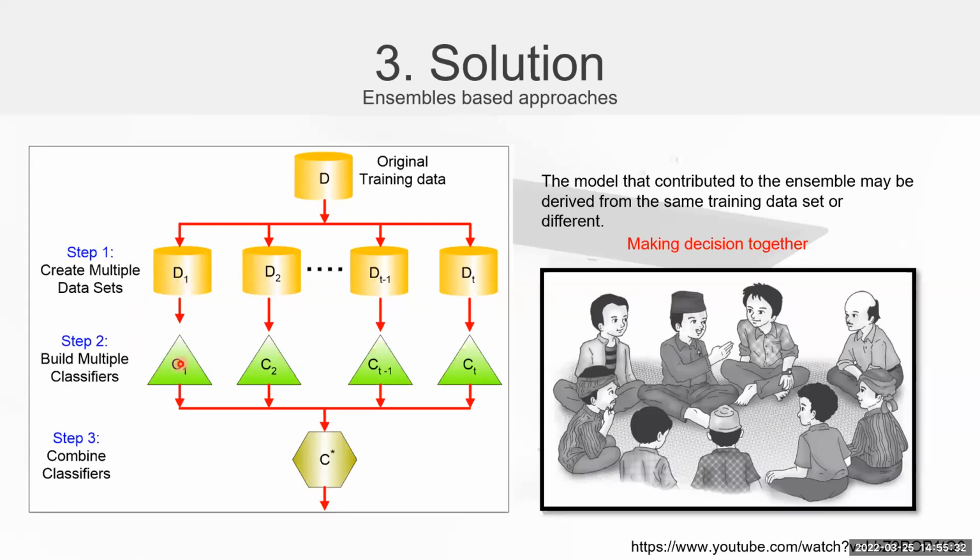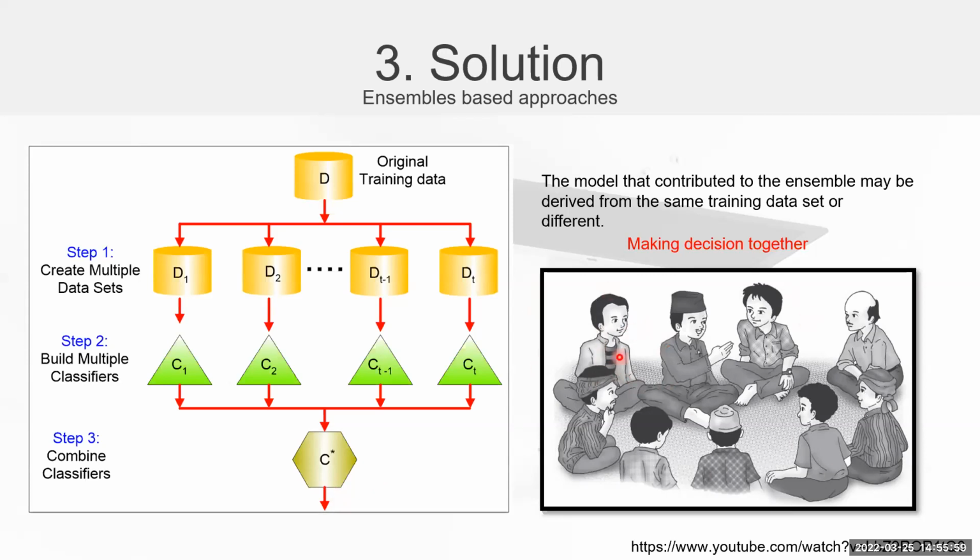And then we classify by classifier, and then the last step is to combine into one, because we only get one prediction, not more than one.